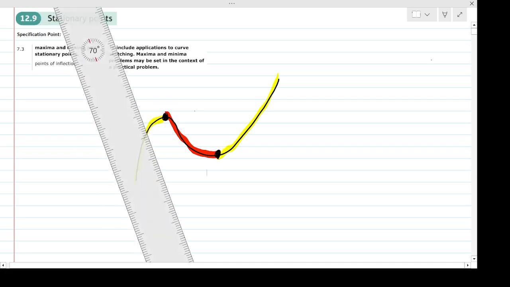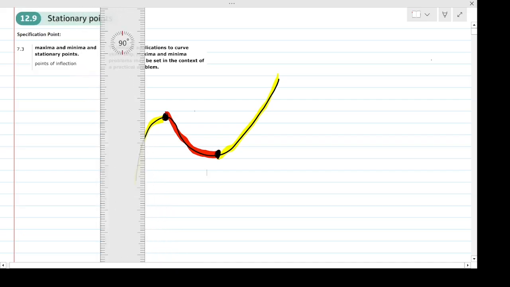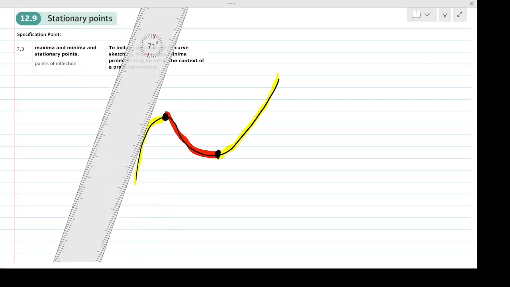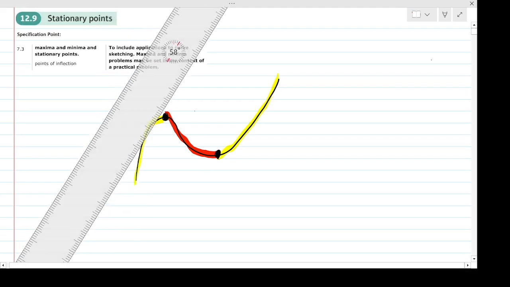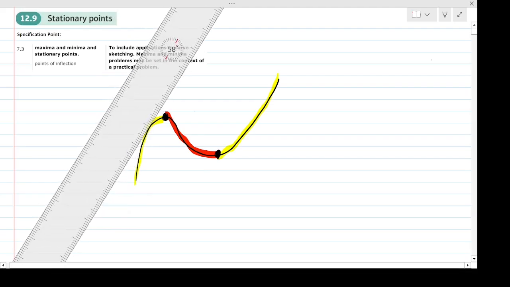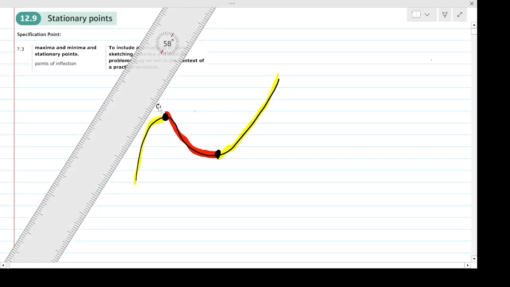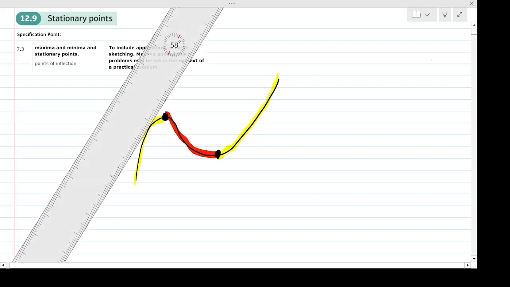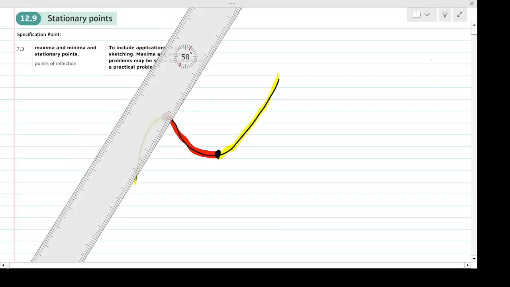We know when it's increasing, the gradient is positive, the line's going up, my tangent. But as I move closer to this point, the line's going to be less steep.